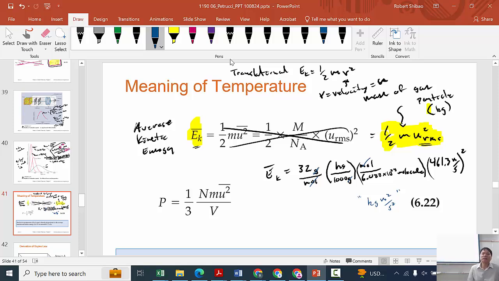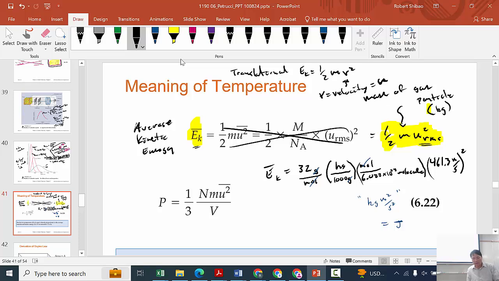So this is the energy per molecule. A kilogram meter squared per second squared is a joule. So this is the joules of energy per molecule. Do you think it's going to be a big number or a small number? It's going to be a really small number because oxygen is quite small.